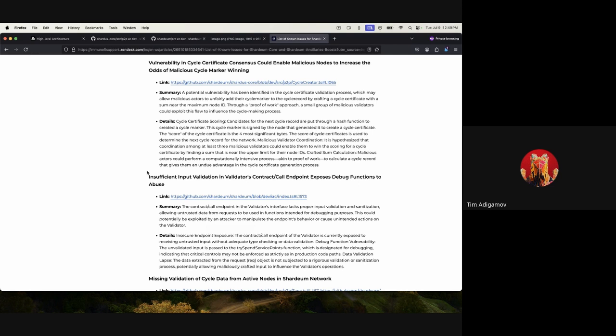A malicious actor can try to generate these hashes and select the one which will win the winning process. Why is it important?